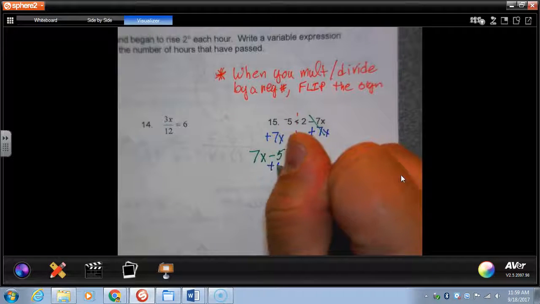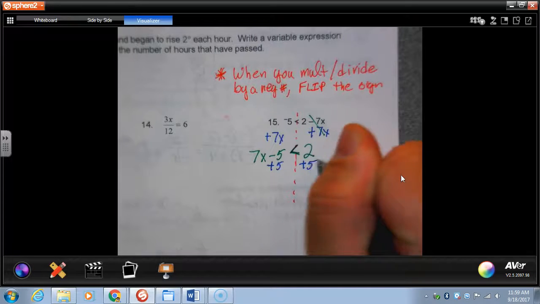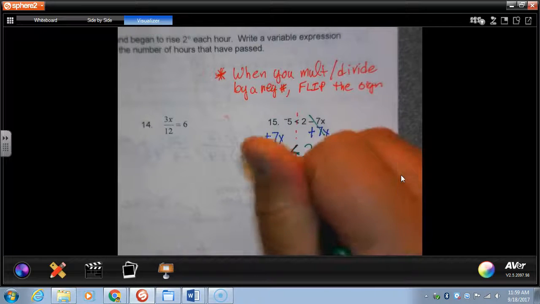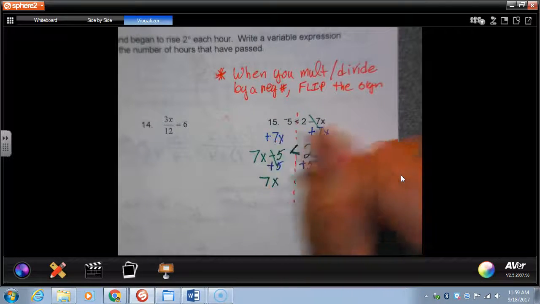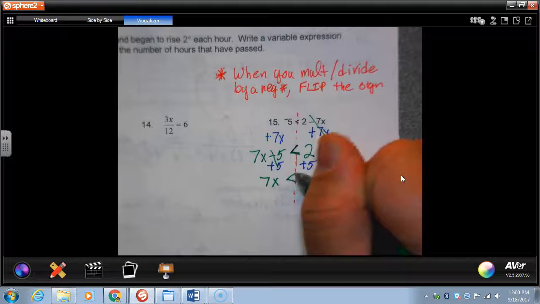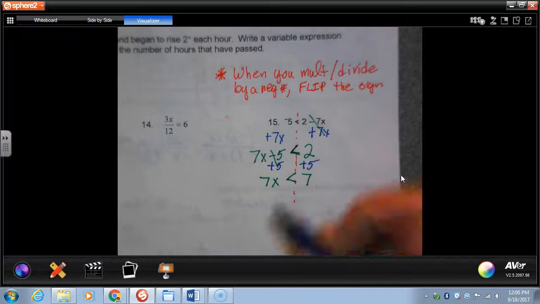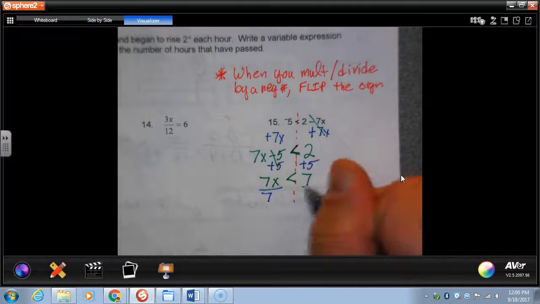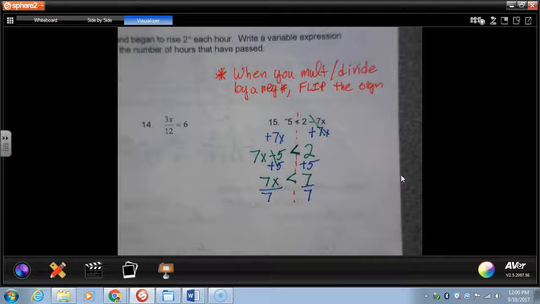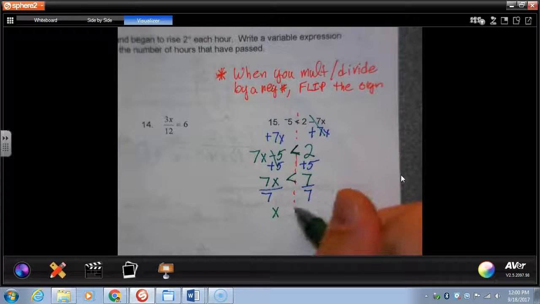Add 5 to both sides. So I get 7x. We added, so don't worry about flipping the sign. Then divide by the coefficient, 7. We're dividing by a positive number, so keep the sign.